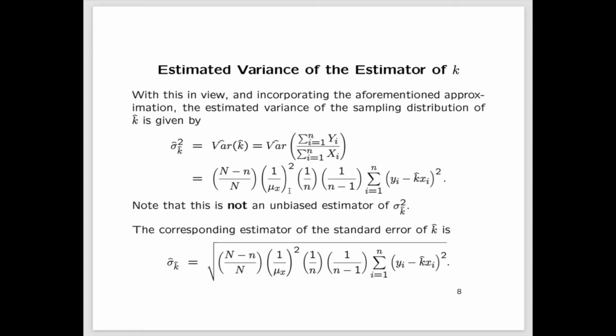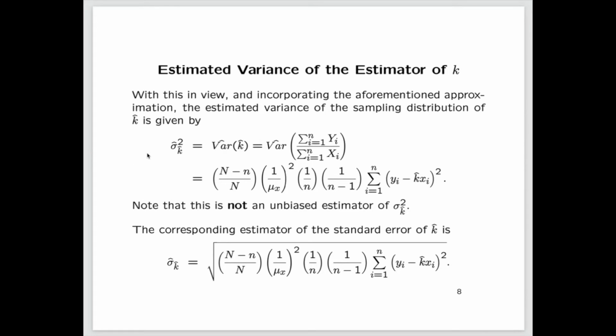Now, in much of what we're doing in this module, many of these procedures are based on an assumption that when we would go to use a technique like this, we would know what mu sub x is. And so that's why we included it here. This is the component that provides the approximate variance formula. Now notice also that this estimated approximate variance is not an unbiased estimator of the true variance of k hat.